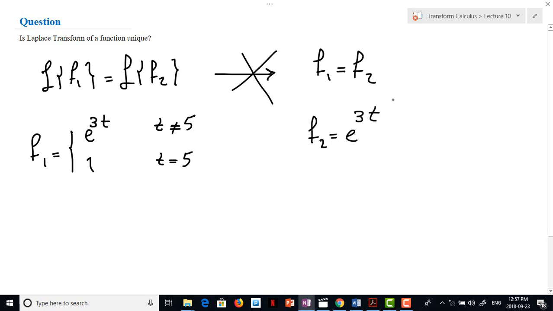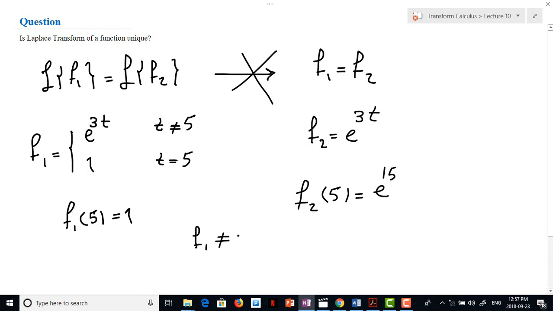If two functions are equal, they have to be equal for all values of t. For example, f1 at 5 is 1, but f2 at 5 is equal to e to the power of 15. So 1 is not equal to e to the power of 15. As a result, f1 is not equal to f2.